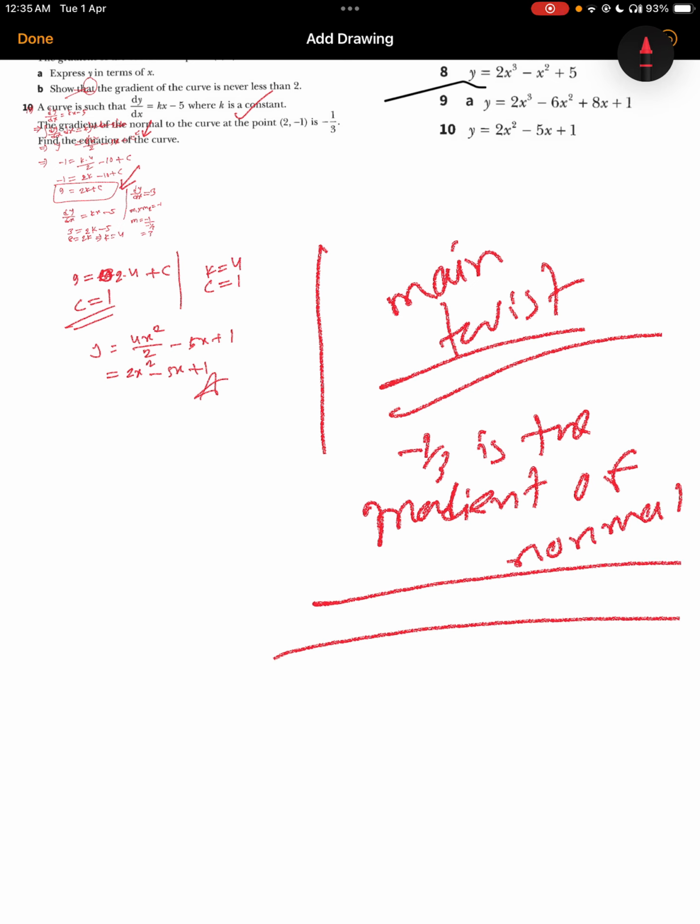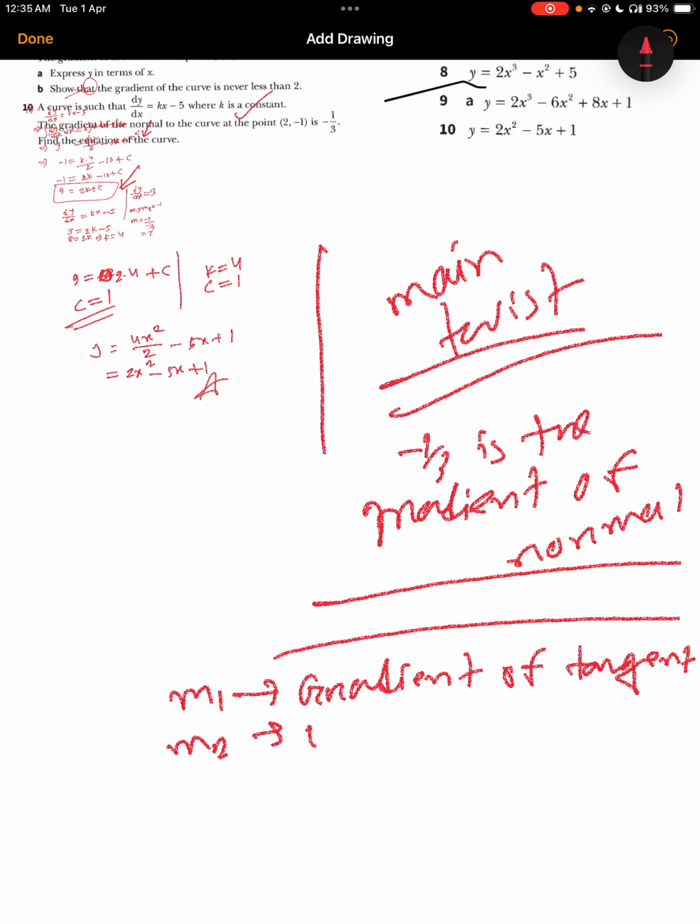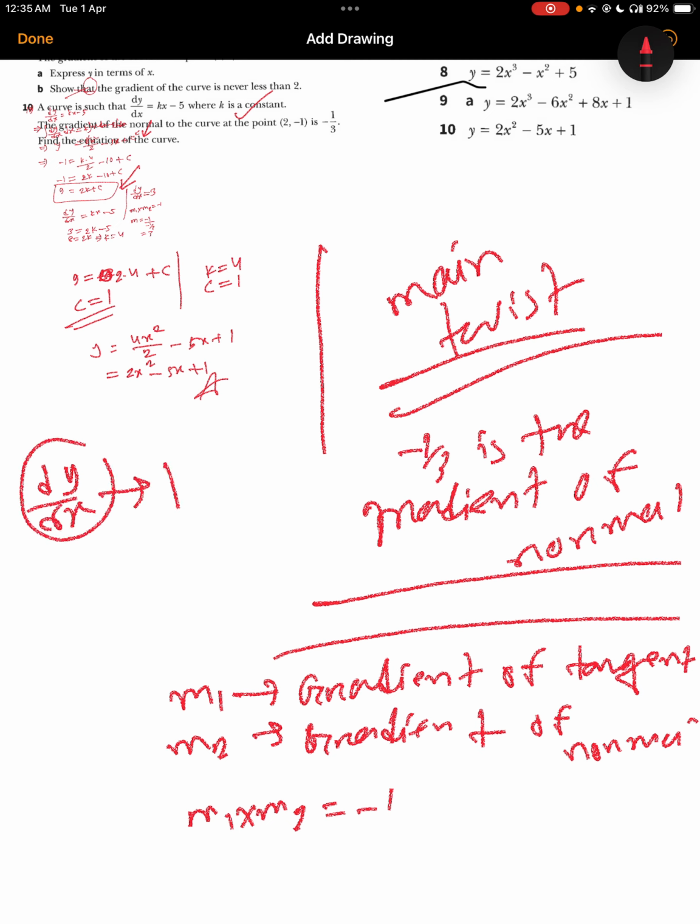The understanding between the gradient of normal and the gradient of tangent: I'm taking m1 as the gradient of tangent and m2 as the gradient of normal, so m1 times m2 = -1. Here dy/dx is the tangent, but what we have been given is the normal, and we have to use the tangent.